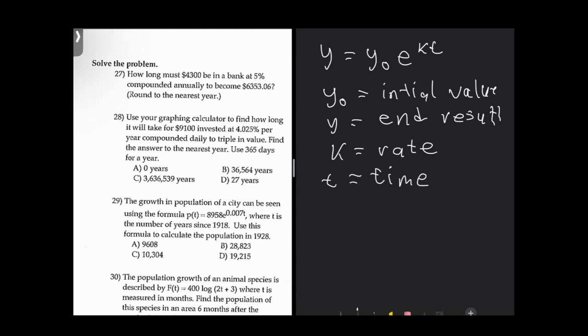And once you identify these components of the variables, just input them into this formula correspondingly based on the information provided in the word problem, and use the skills of exponentials and logarithms to solve for the unknown variable.